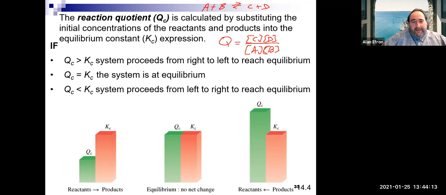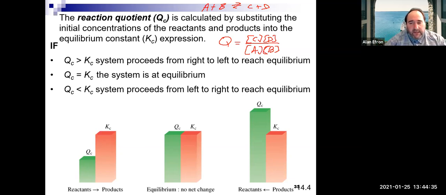Well, they wanted a different letter, I suppose, other than K. But the real difference is we use Q in a situation where either we know our initial amounts of everybody, or we're not sure we're at equilibrium. So we can calculate Q to help us decide those two things.